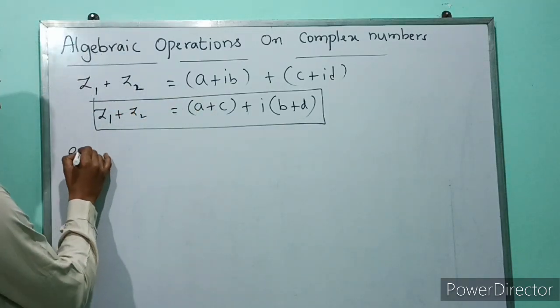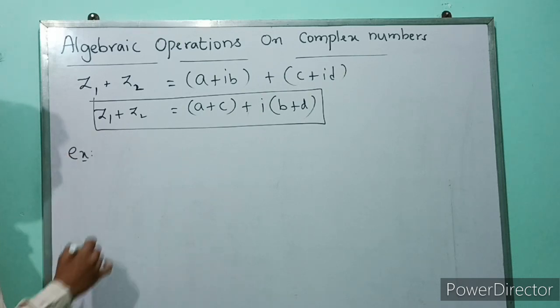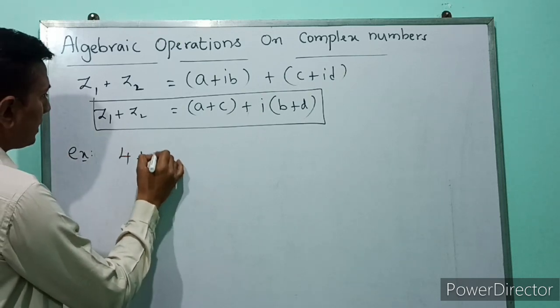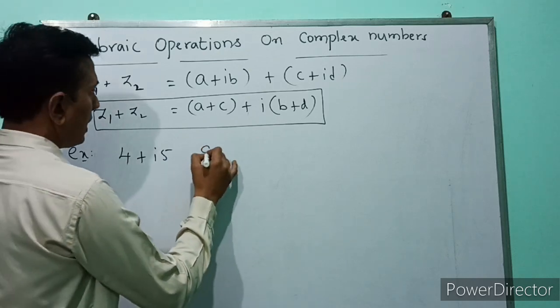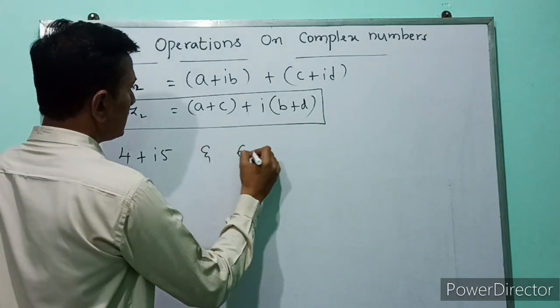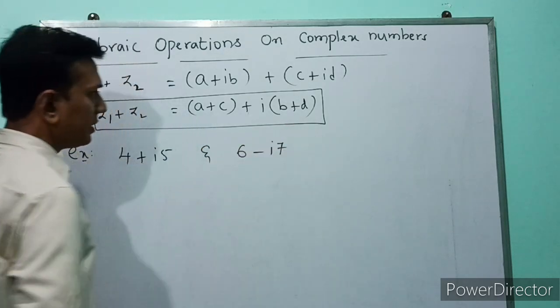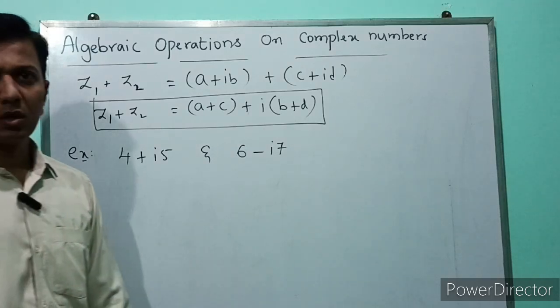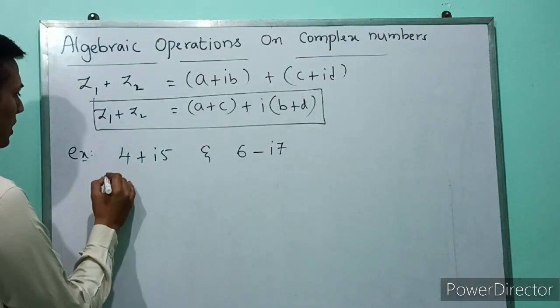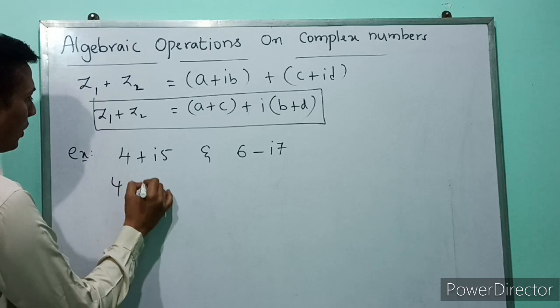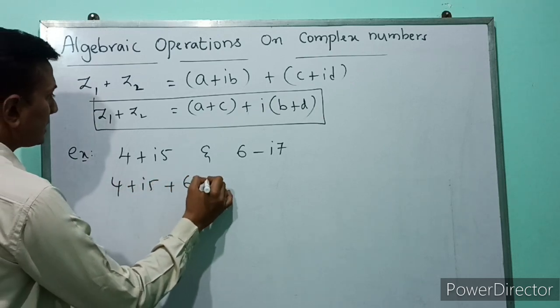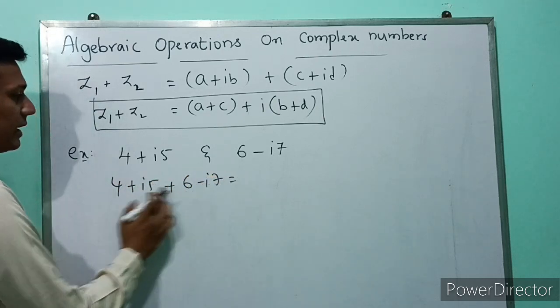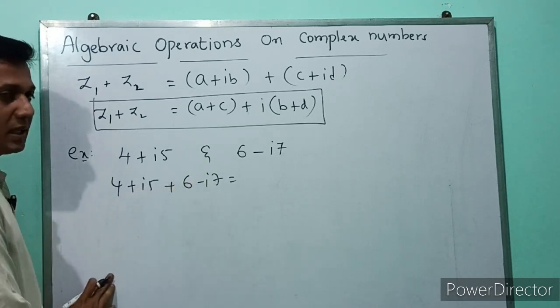Let us discuss one example: 4 plus i5 and 6 minus i7. I have to add these two complex numbers. Whenever we add them, the real parts will be added and the imaginary parts will be added.